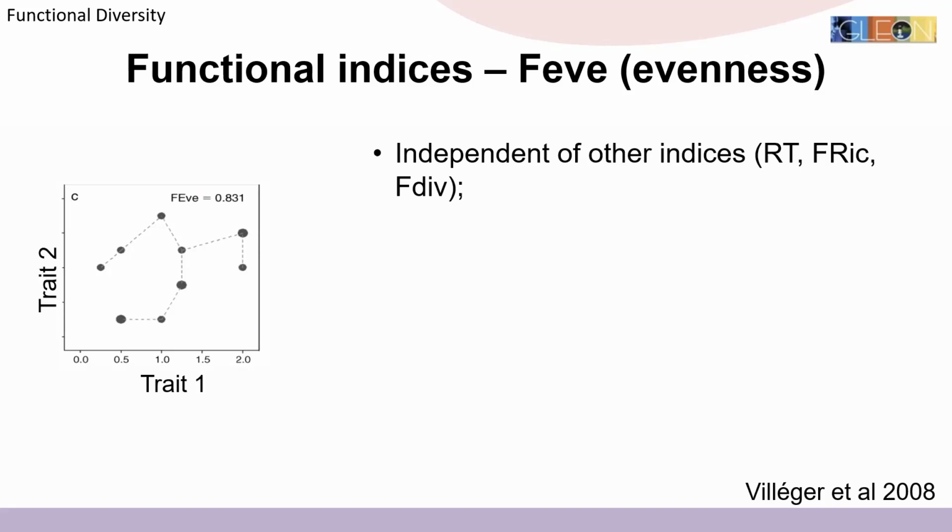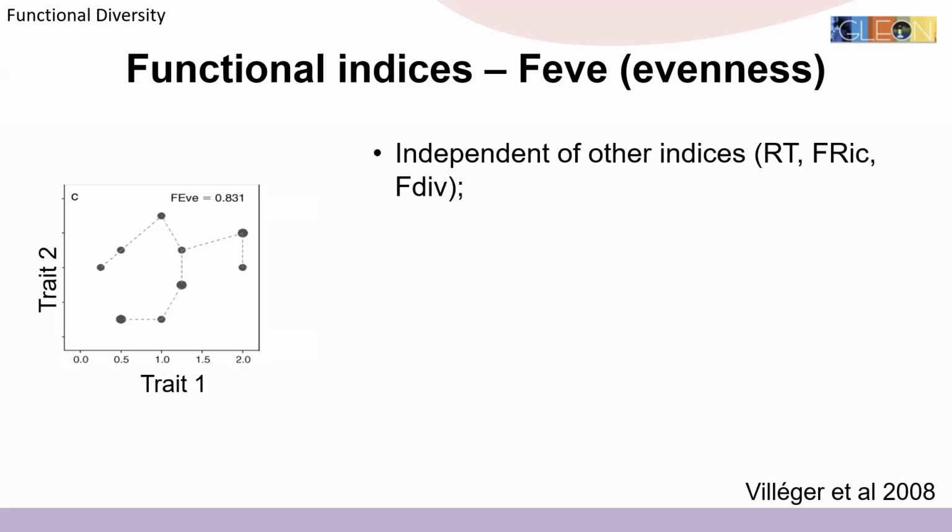So it's also a good thing to investigate, because when Laliberté and Legendre proposed these indexes, they said that we need to interpret the indexes together, because each one of them is looking at a part of the functional diversity, and we need to investigate them as a whole, and interpret the responses of that community, not only choose one or two indexes.